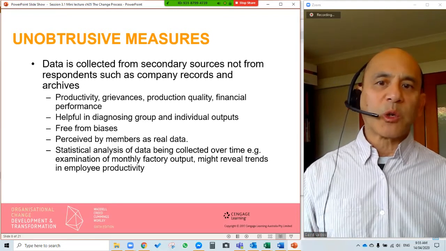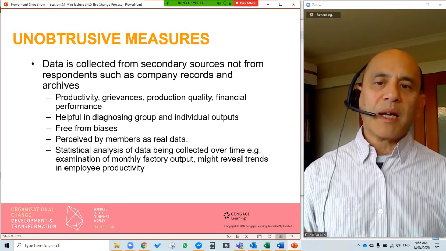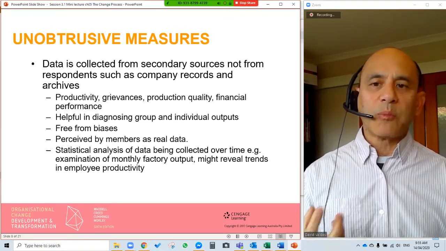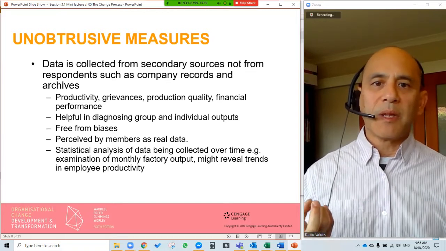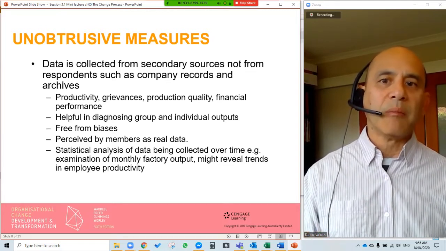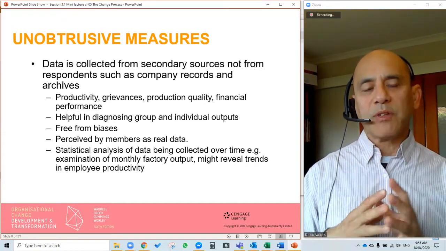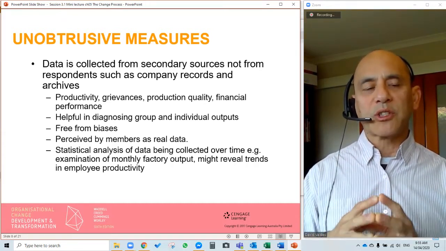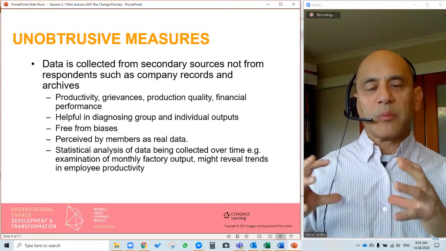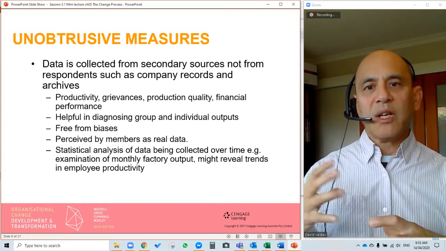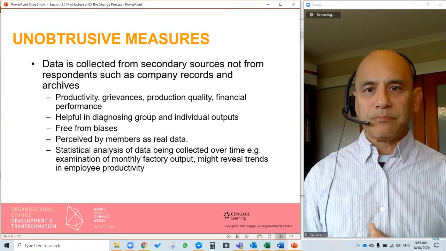Another might be production quality. So we might be looking at the products that we produce, and if there are any quality defects within them, we can count the number of defects, which tells us if there's a lot of defects, then we know that there's something going on within the production process, and we need to intervene to try to fix that.